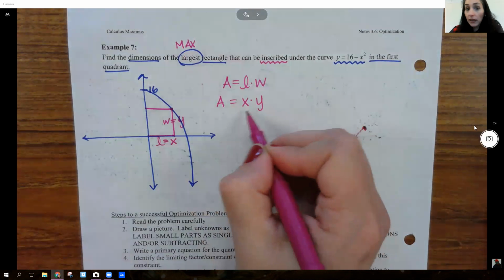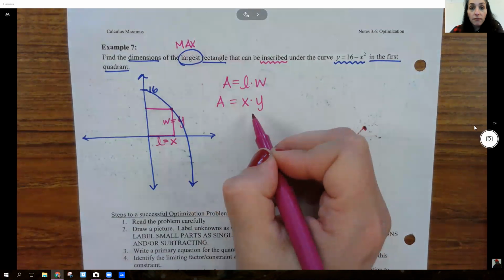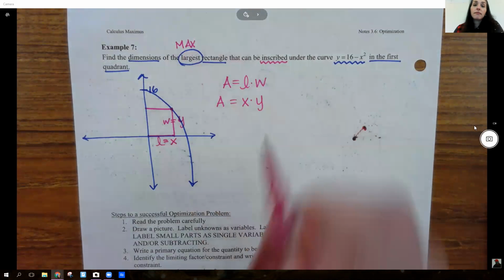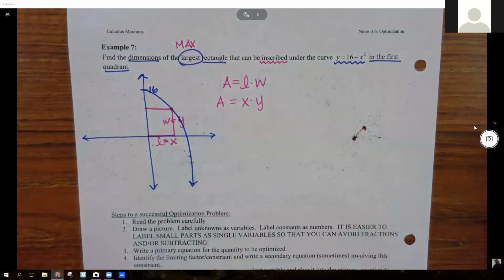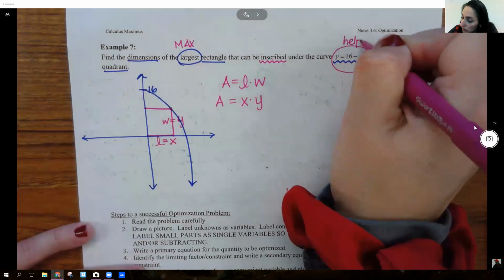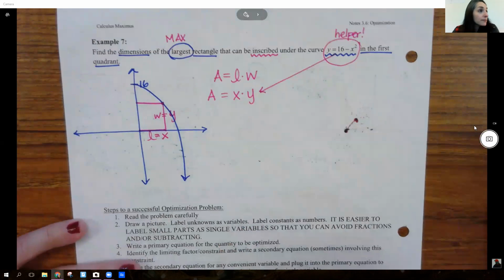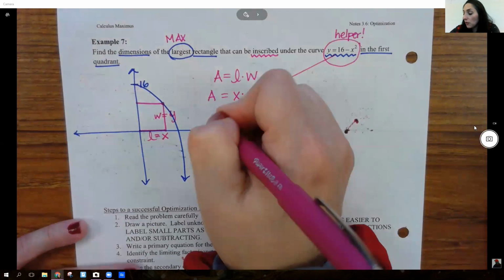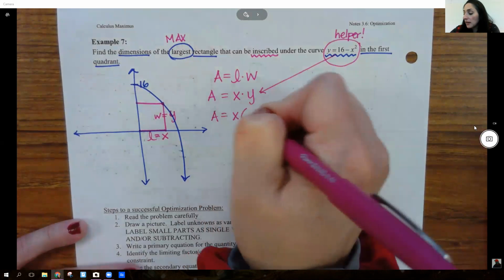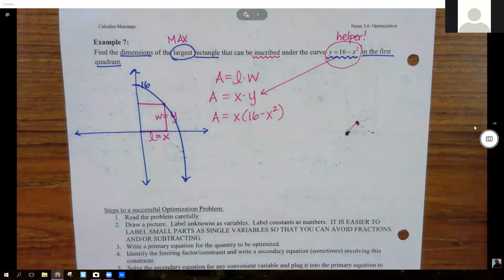How can I do that? Use y equals 16 minus x squared. Put it in right there. So A equals X times 16 minus X squared.